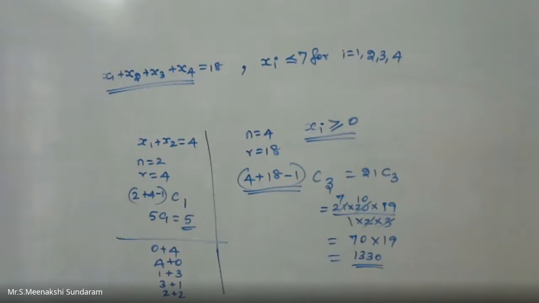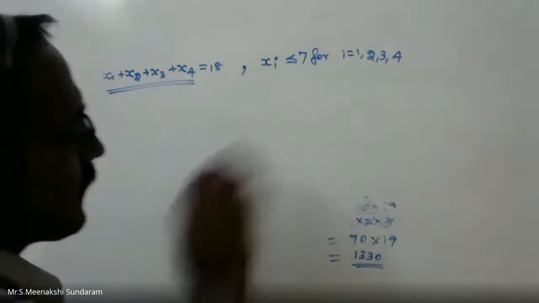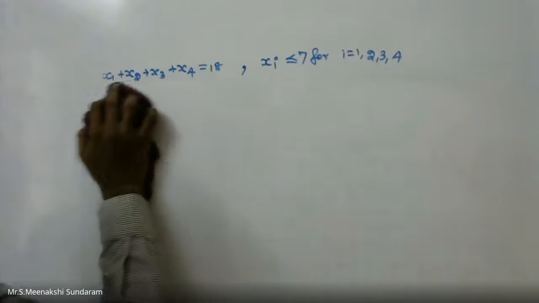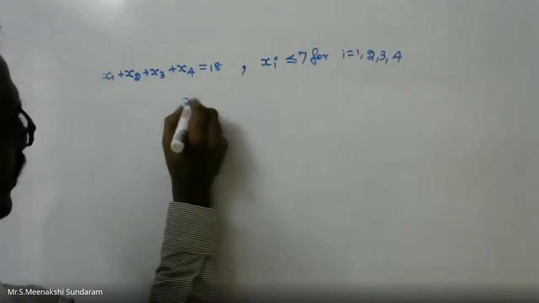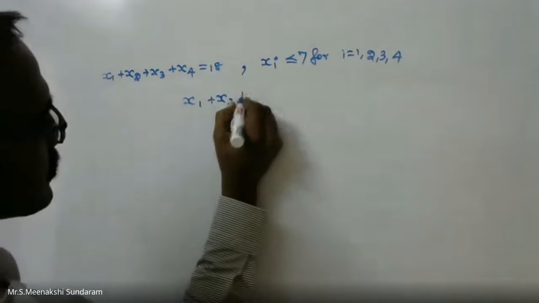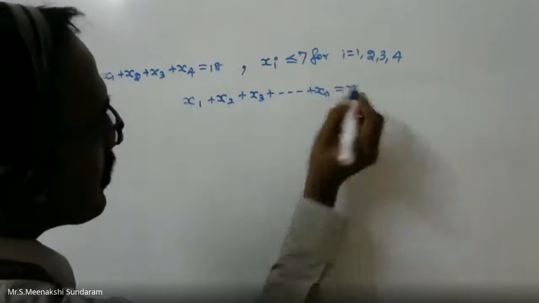Okay, the problem is xi less than or equal to 7, the number of non-negative integer solutions. First of all, we can find the possible and not possible cases. First go for the general formula: x1 plus x2 plus x3 plus up to xn equal to r.